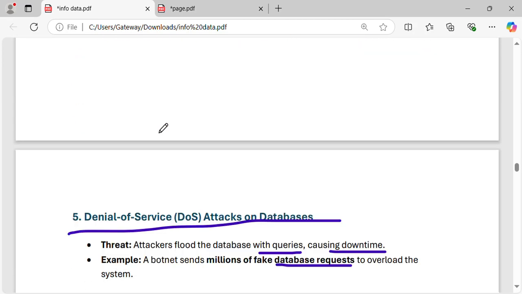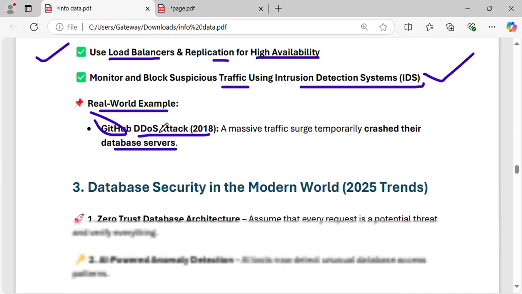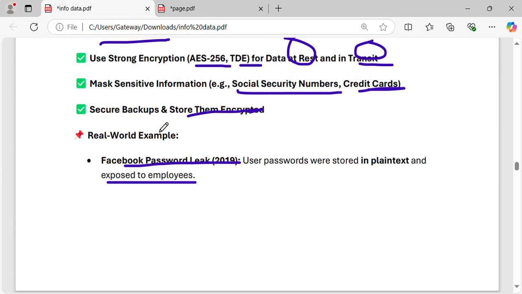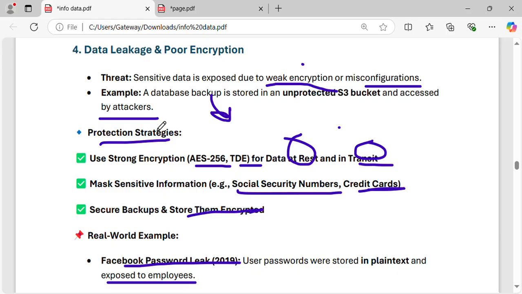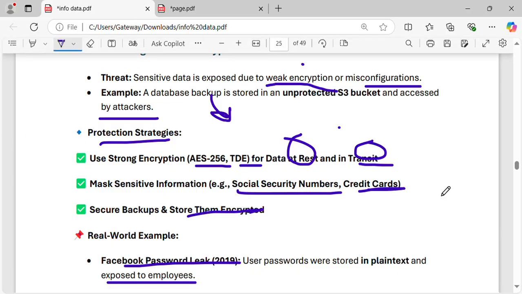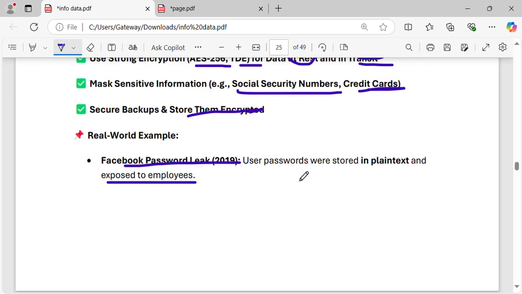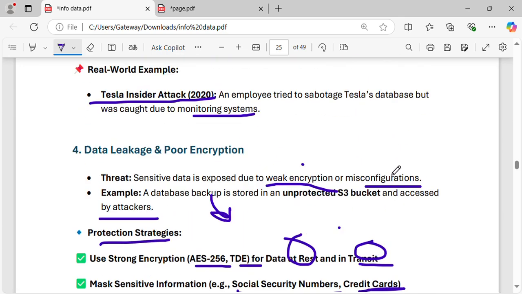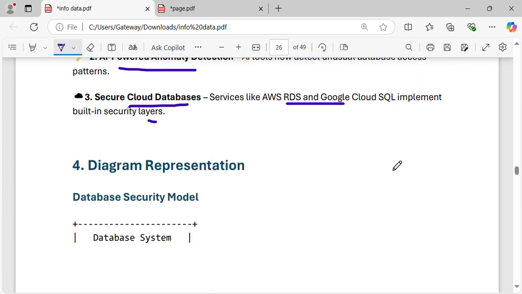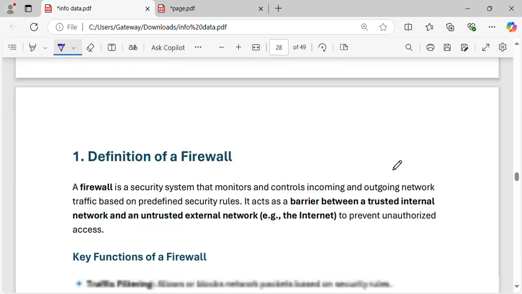And then we have denial of service attacks, right? And poor encryption, we talked about that if we have a weak encryption or a misconfiguration, right? Misconfiguration like passwords stored in plain text and exposed to employees, right? So in the next one, we will study the firewalls.